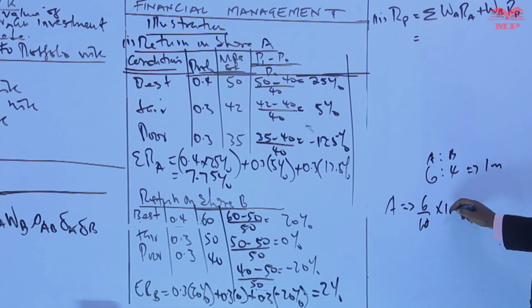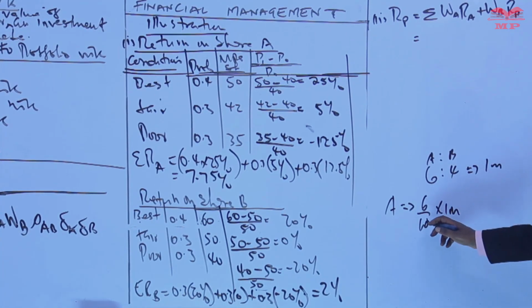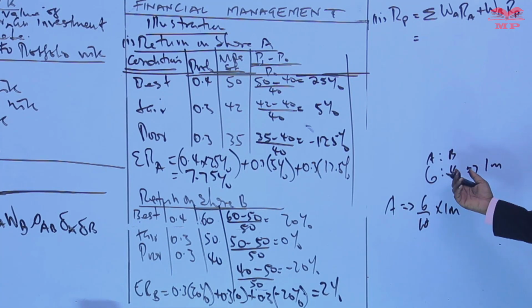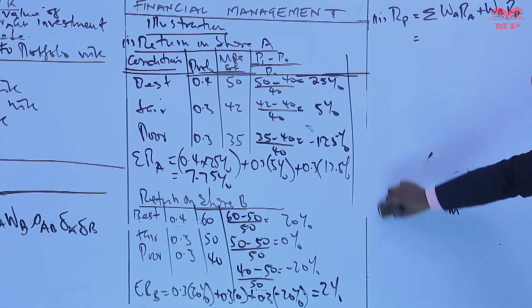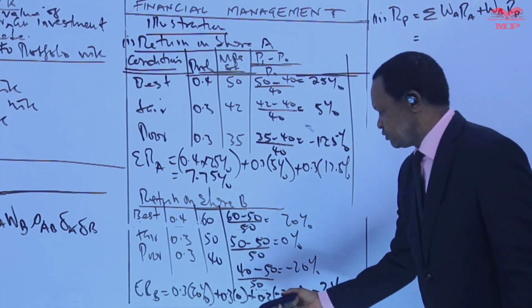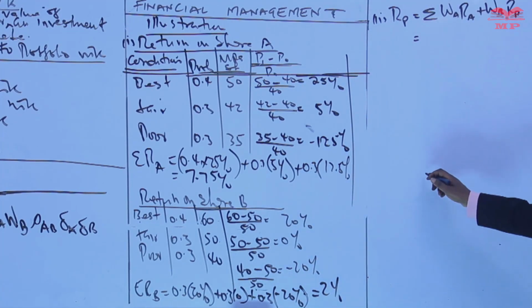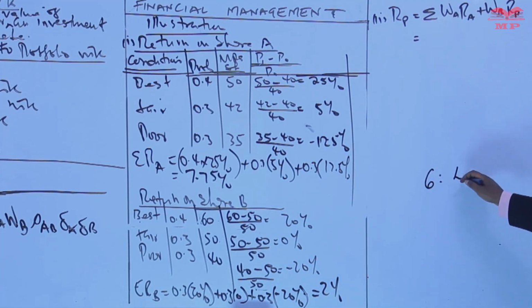We already have 6:4, so we can simply convert this without going the long route. The ratio is 6:4.